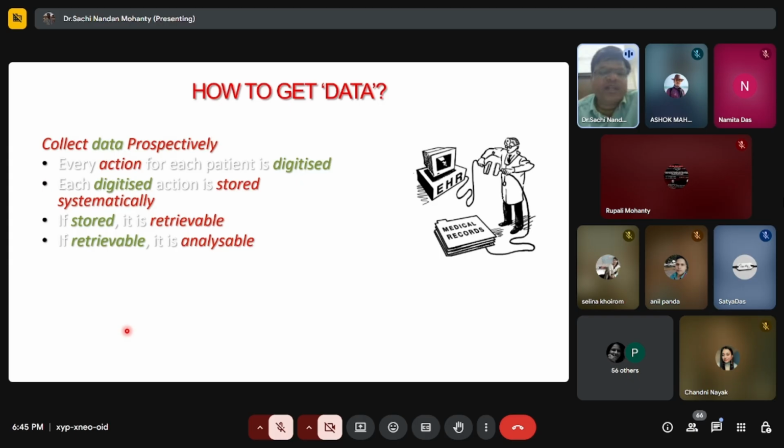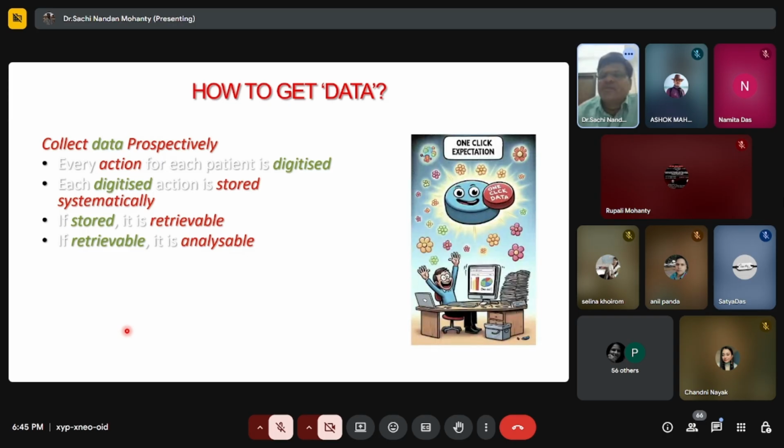If stored, it should be retrievable, and then retrieval should be analyzable. These all form a sequence process. First you collect the data, store it in memory, then you access the data systematically, and after that you can analyze. So these are the systematic steps for data records, right?